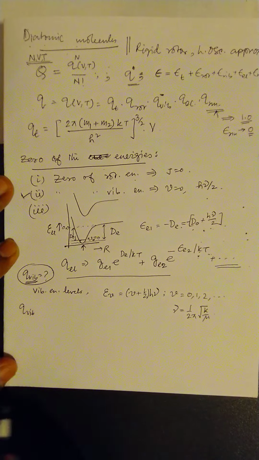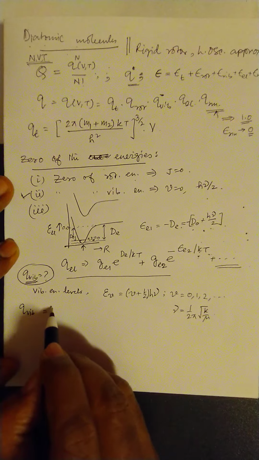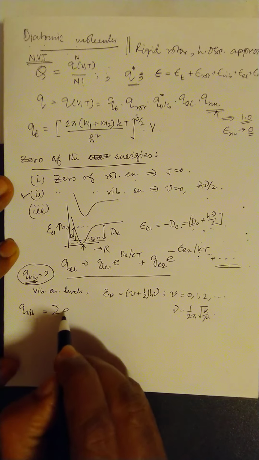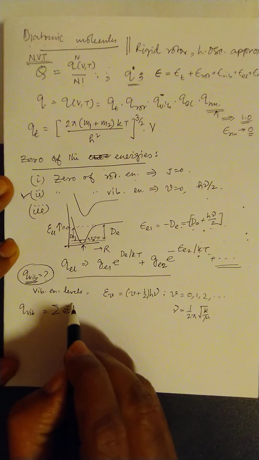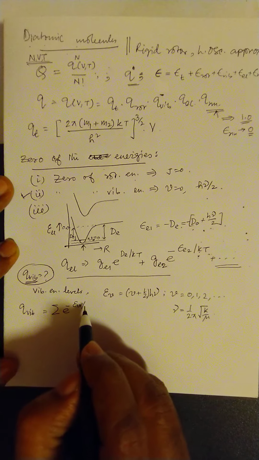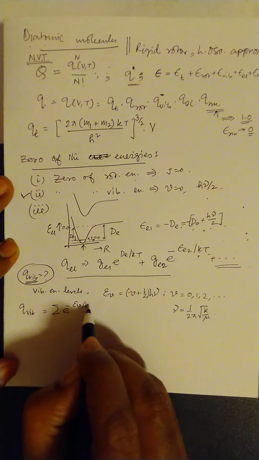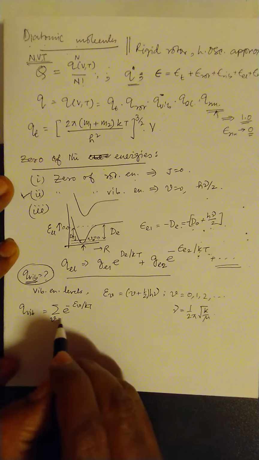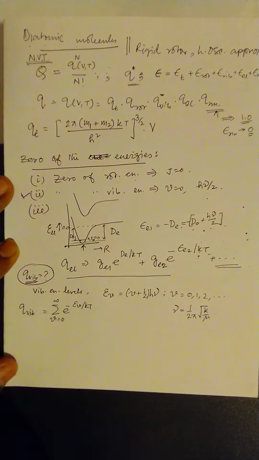So Q vibrational can be expressed in terms of e to the power minus epsilon v by kT for all v, right? v equals 0 to infinity in principle.